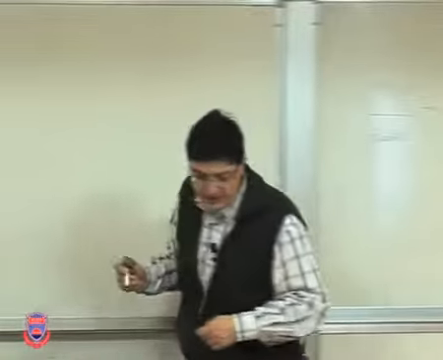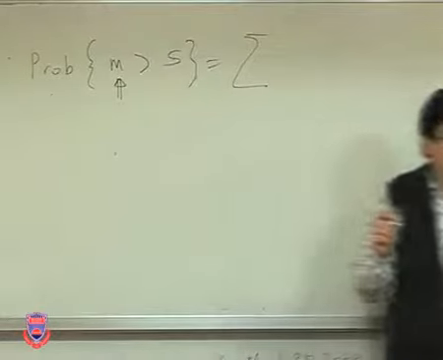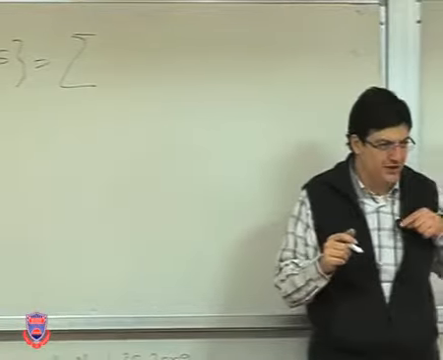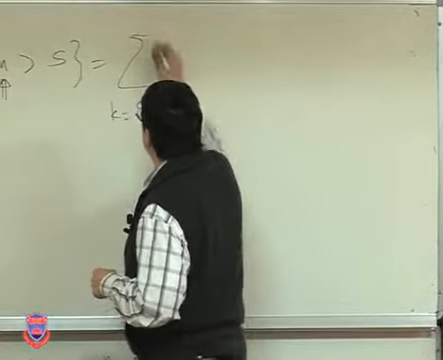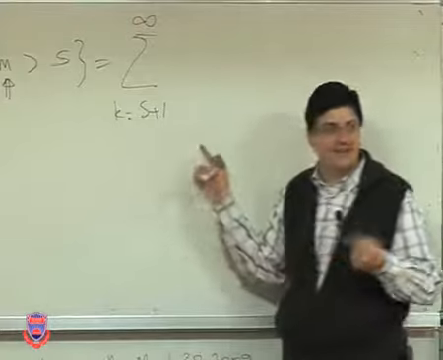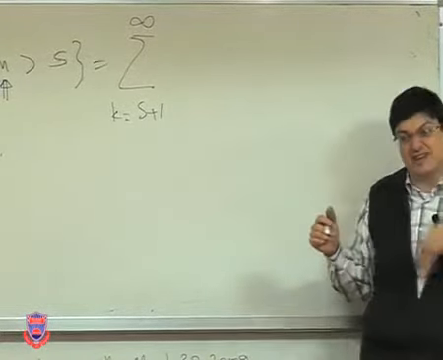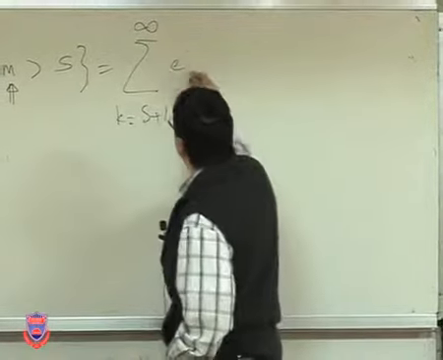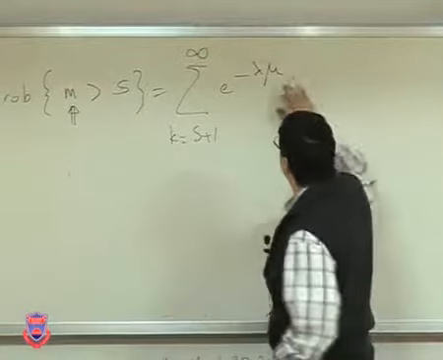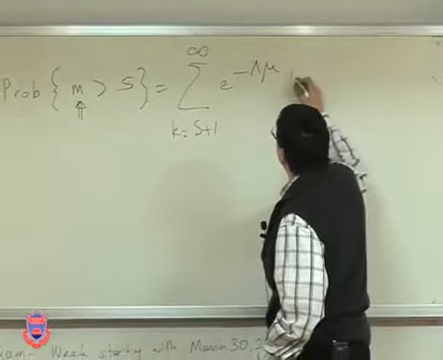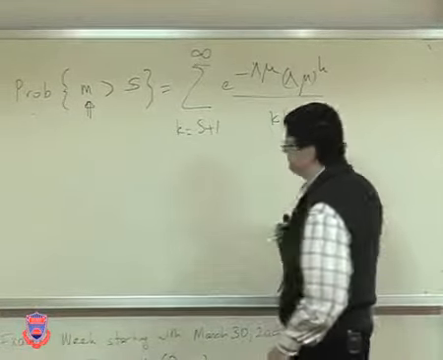So what is this probability? This probability is given by the complementary cumulative of a certain Poisson distribution. Let's write that Poisson distribution: the sum over k from S plus 1 to infinity. This is the probability that this Poisson distribution takes values exceeding S, given by e to the power minus Lambda mu, times Lambda mu to the power k divided by k factorial.